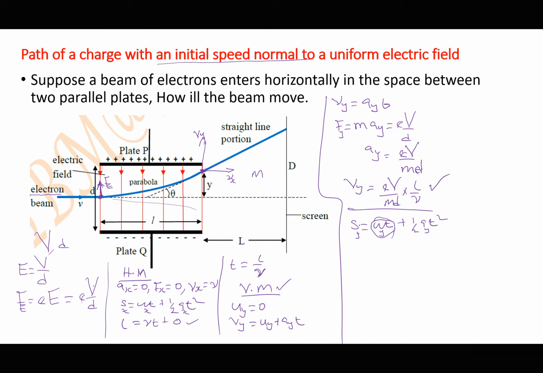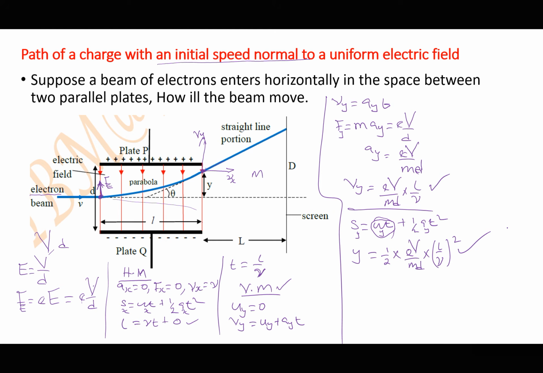So displacement in the vertical is going to be y equaling a half times acceleration in the vertical, which is E times V over md, then times t squared, with t being L over v, so this will be L over v, squared. This expression can give us the vertical displacement as it emerges from the field.